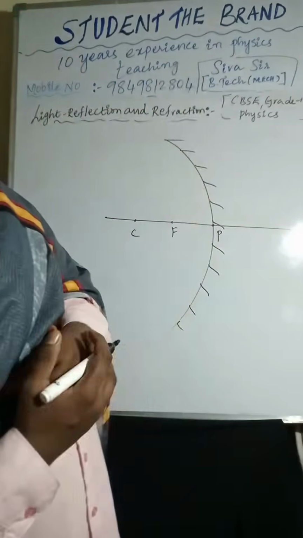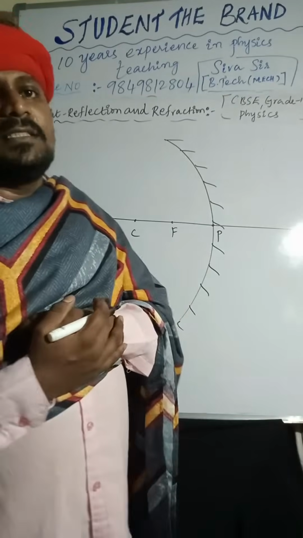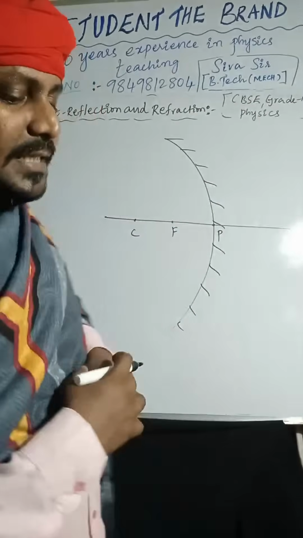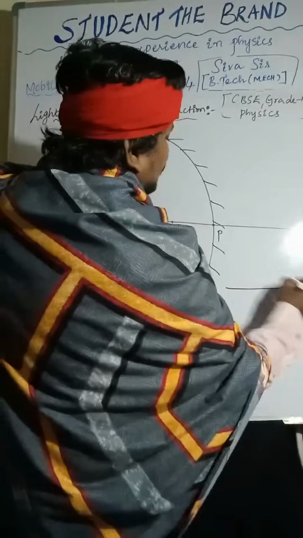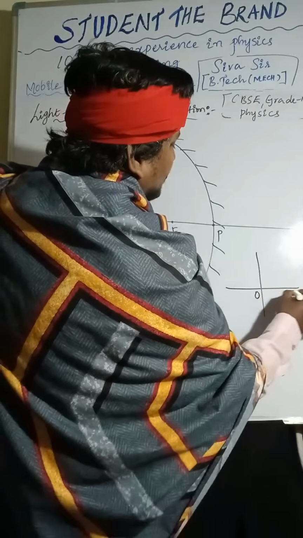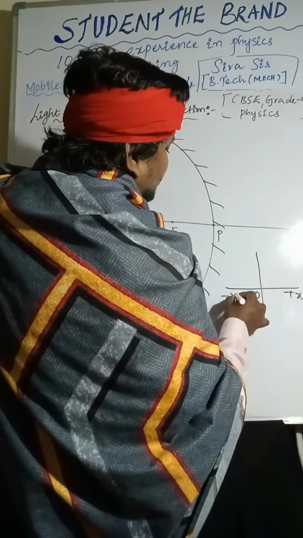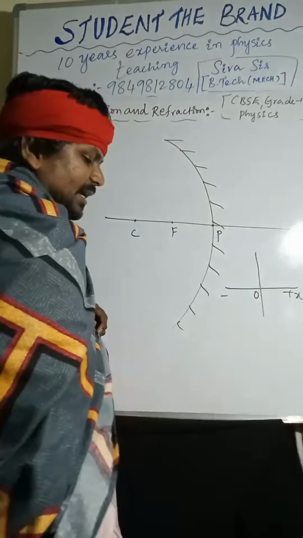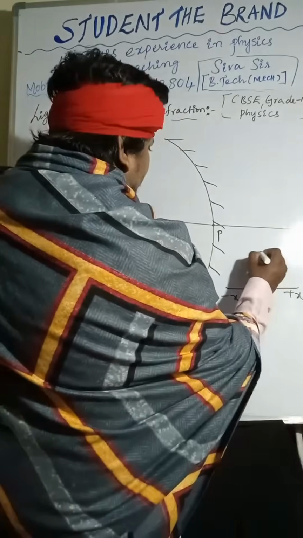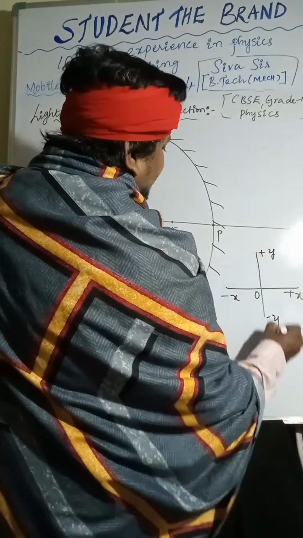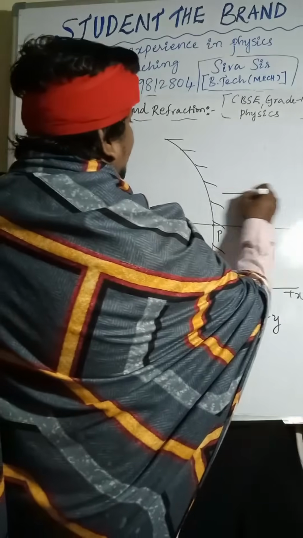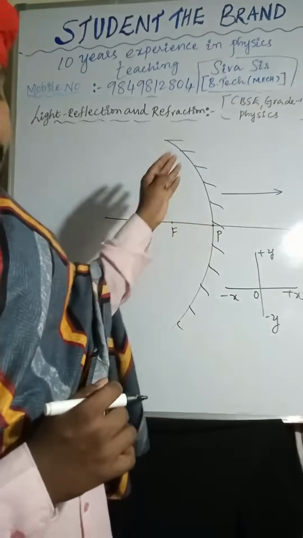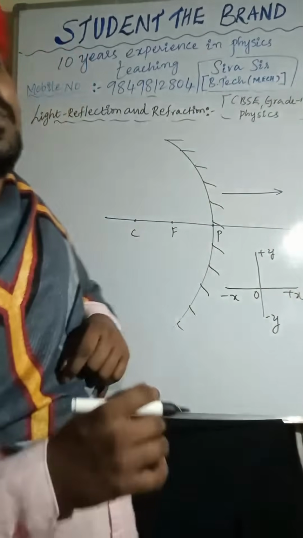Above the principal axis, all distances are positive. Below the principal axis, all distances are negative. As you can see, the coordinate axes: positive x-axis, negative x-axis, positive y-axis, negative y-axis.